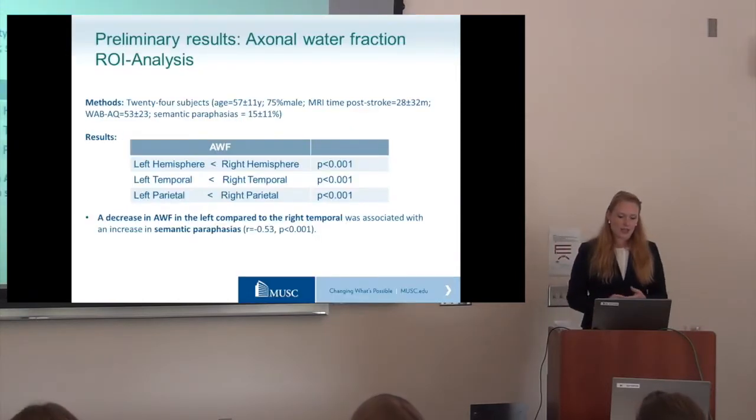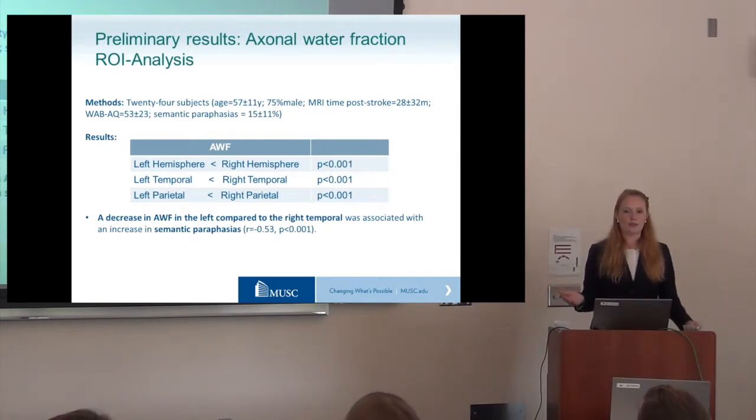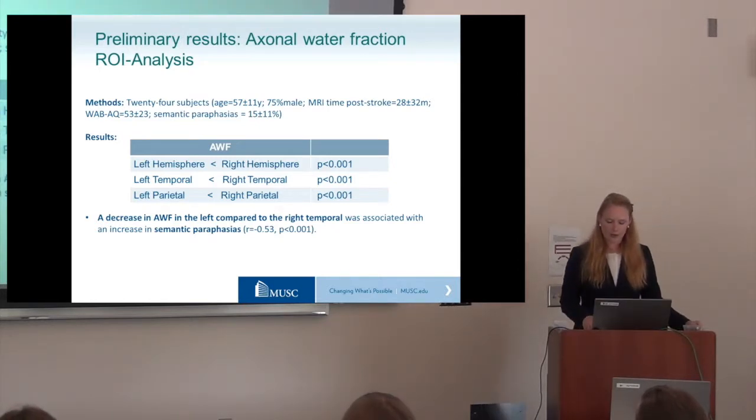I'll show you some exciting preliminary results using axonal water fraction to try and understand these changes in stroke a little bit better. One thing I have to say: this data is only baseline data so far. I don't have any after-treatment data just yet, so it's a little different than the previous paper we talked about, but exciting nonetheless. As soon as we have some post-treatment data, I will do very similar experiments.